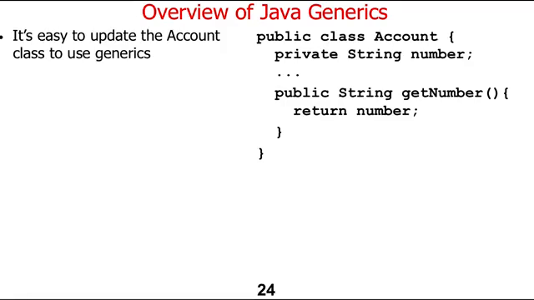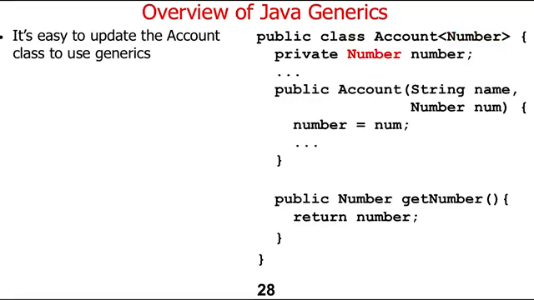You simply create a generic type declaration by changing the code public class Account to public class Account<Number>, which introduces the type parameter Number that can be used anywhere inside the account class, such as the type of the number field, as a parameter passed to methods, and as a return type of methods.